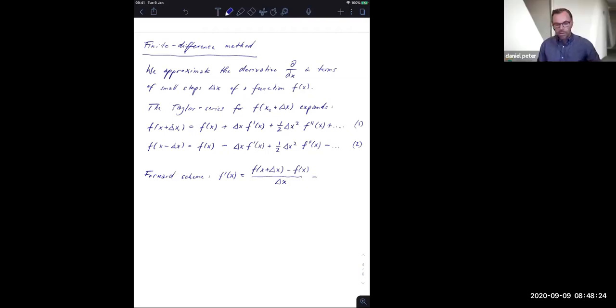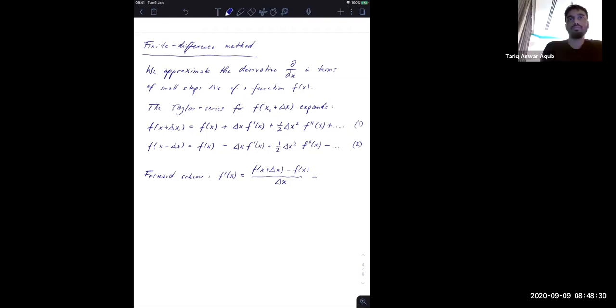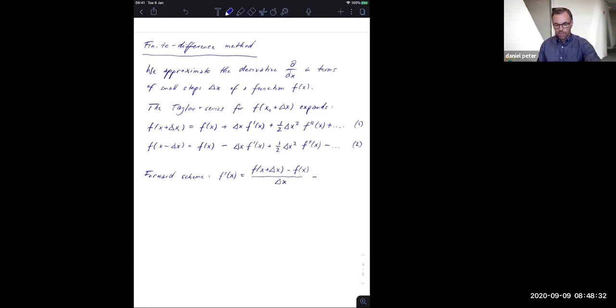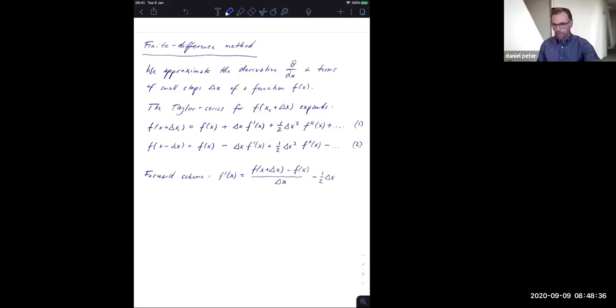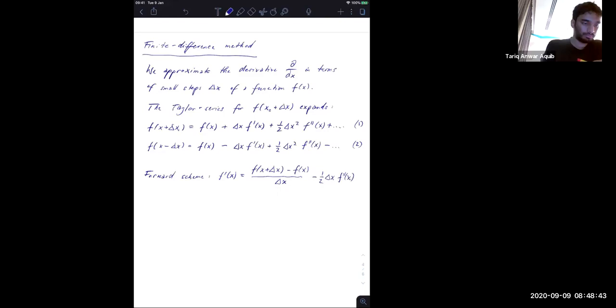And then what are the terms that would follow? If you look at the Taylor series, well, the next term would be this one half delta x times the second order derivative of f of x, and so on.